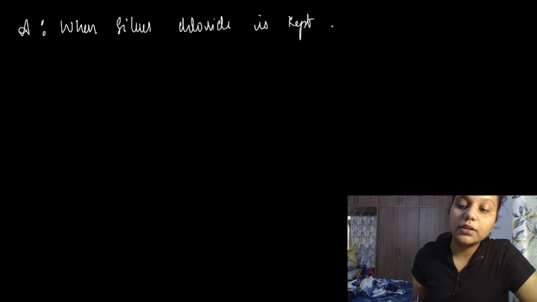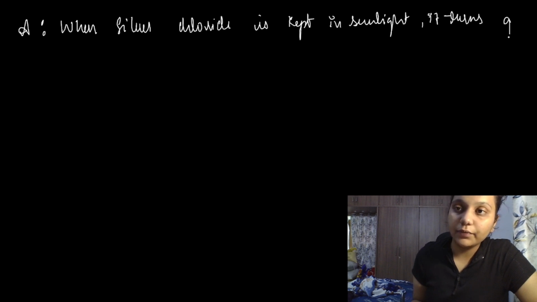So let's do some questions. I'll give an assertion-reason question. A stands for Assertion, write it down. Assertion: when silver chloride is kept in sunlight, it turns gray.